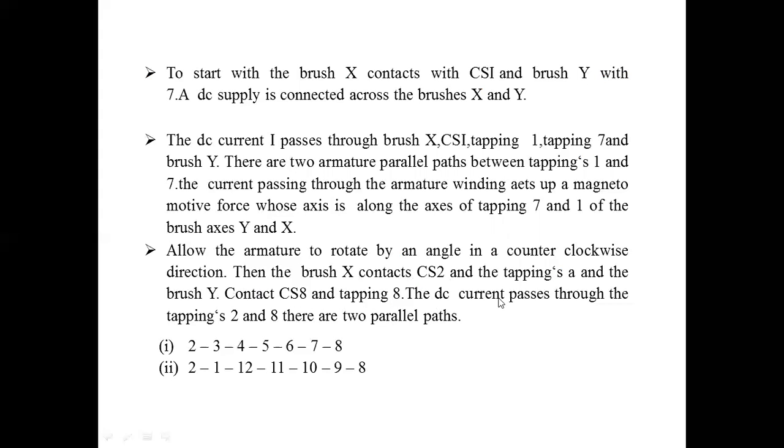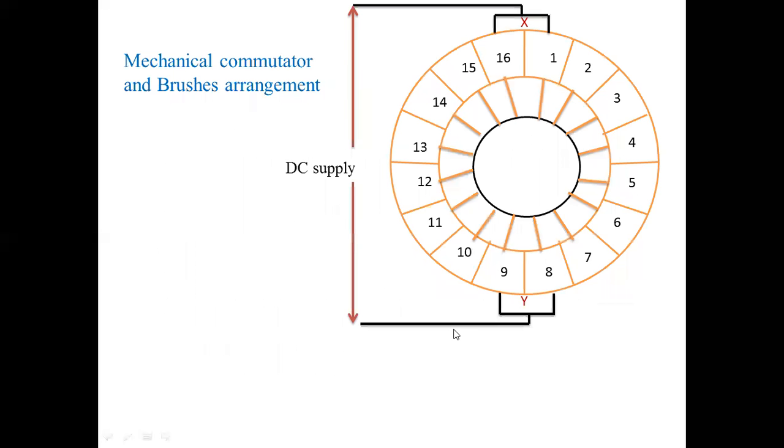The DC current passes through tappings 2 and 8. There are two parallel paths. Actually, we drew for 16 segments, but explained for 12 only.